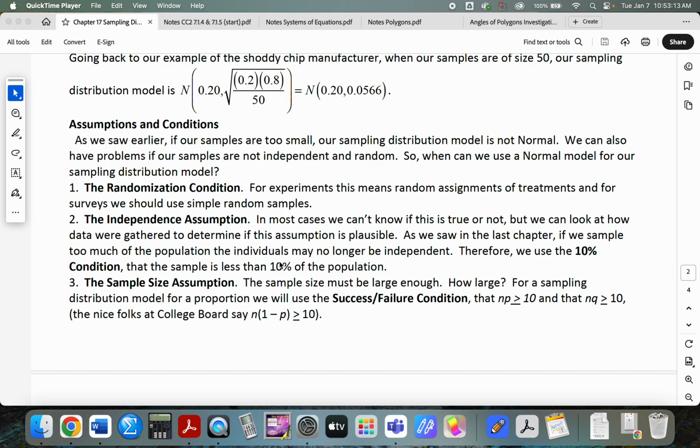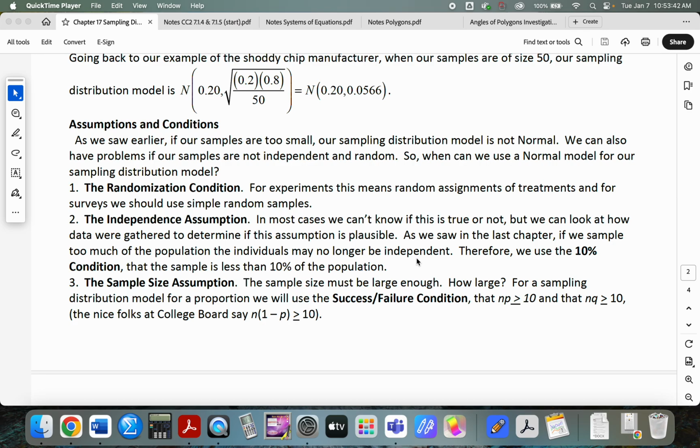If we sample too much of the population, the individuals may no longer be independent. It's like there's 1,000 boxes of cereal, and we pick one out randomly and don't replace it to see if there's a toy surprise. Because we've taken out such a small number, we're not really affecting the probability of getting one at any given time.